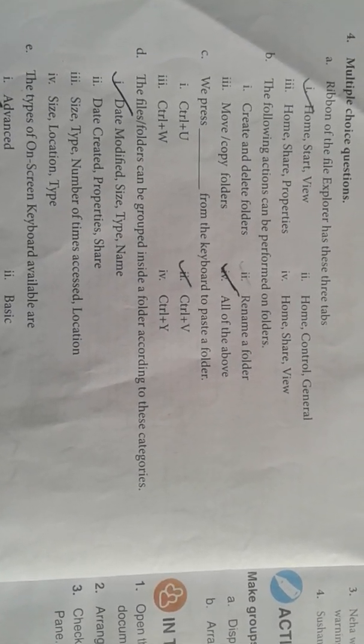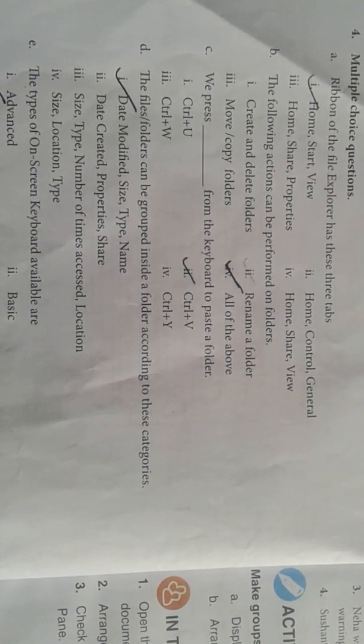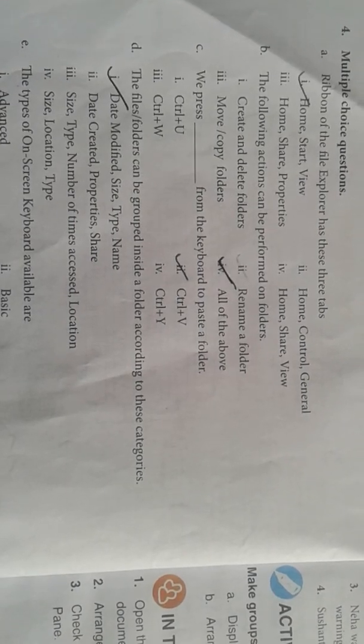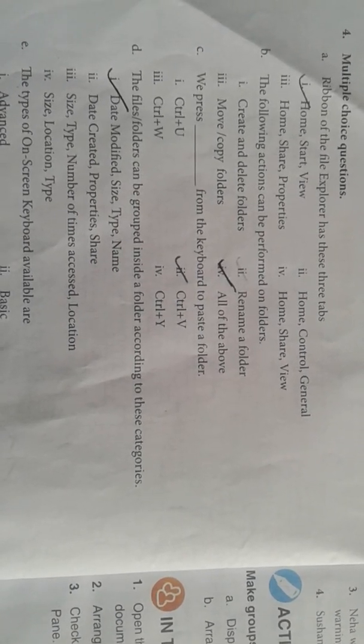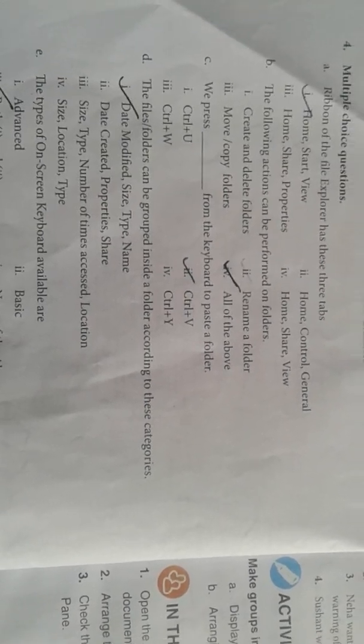Then the next one, the file folder can be grouped inside a folder. The file folders can be grouped inside a folder according to these categories. Which categories? We can group the folders according to these categories.